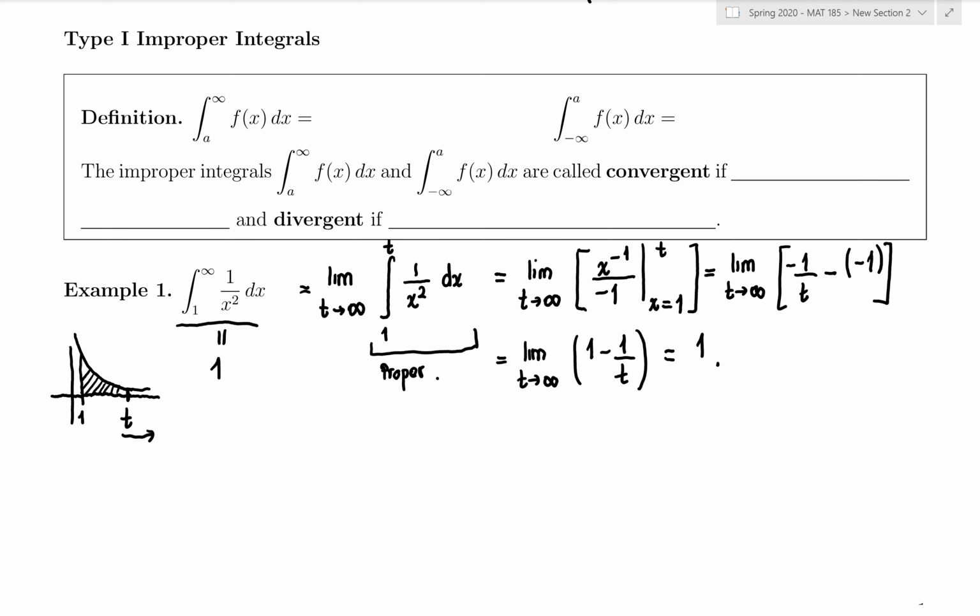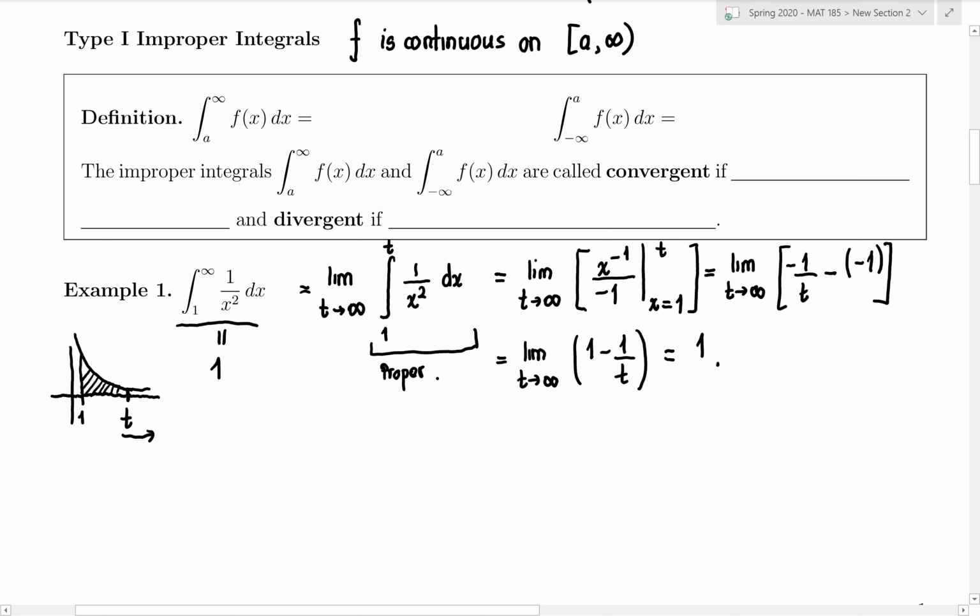And this is the idea that we are going to use to evaluate improper integrals of type 1. Type 1 improper integral means we are looking at an improper integral of a function of this form. So f is going to be continuous on our interval a through infinity, so for all values of x bigger than or equal to a, our function is continuous.